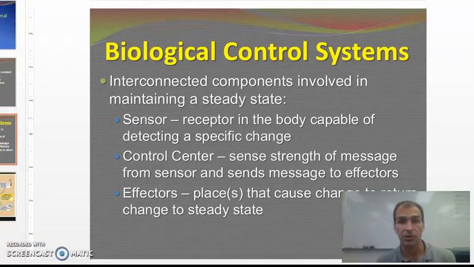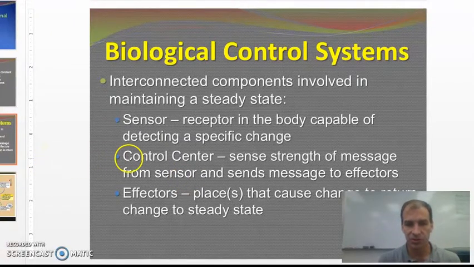That could be muscle spindles or Golgi tendons in skeletal muscle. That could be different baroreceptors, which sense pressure in blood vessels, like the carotid artery and the base of the aorta. There are receptors, sensors out there, and your body is finely tuned to sense changes in pH, blood glucose, numerous other things we're going to talk about.